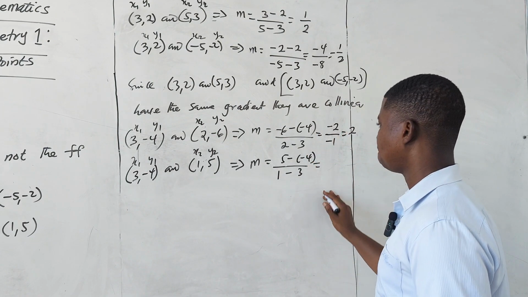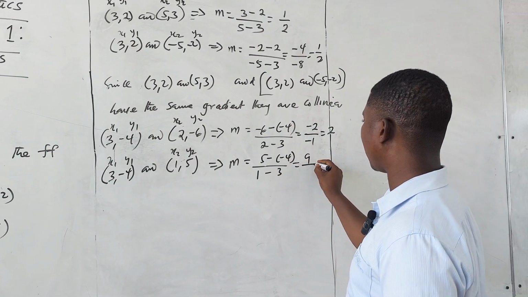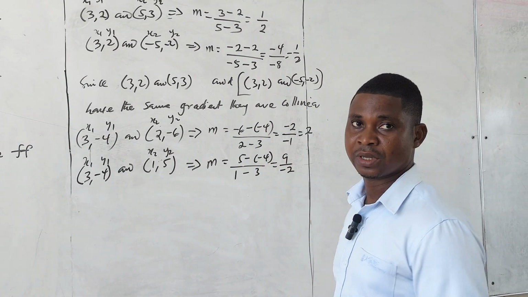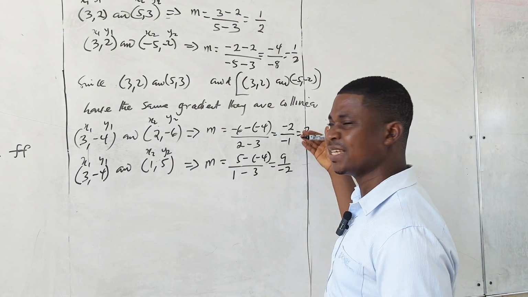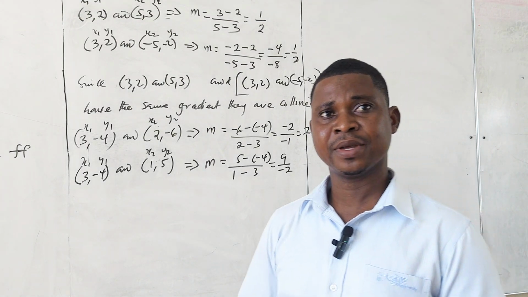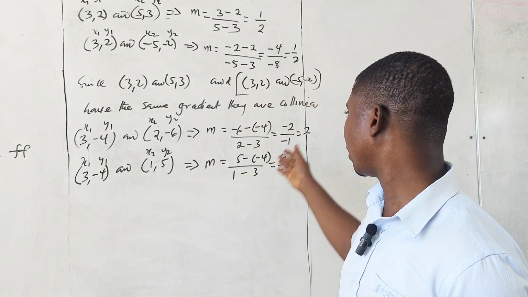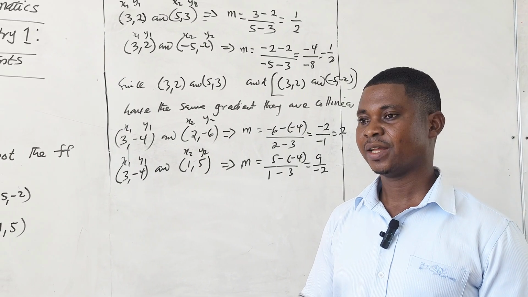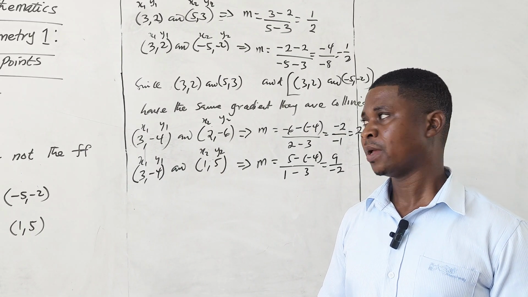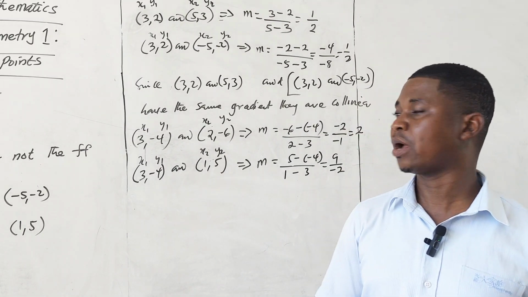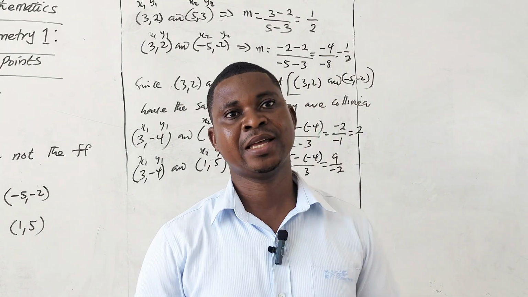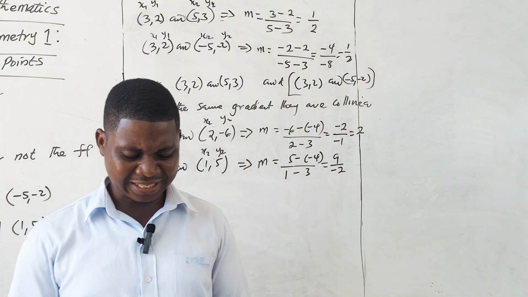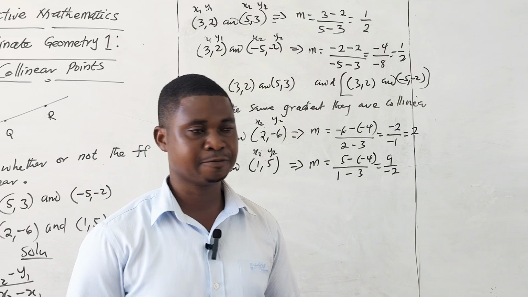And we are having 9 over negative 2. So we realize that these ones are not the same. Since they are not getting the same gradient, they are not collinear. But sometimes there can be a question where you need to apply this. Let's get one question here and see.